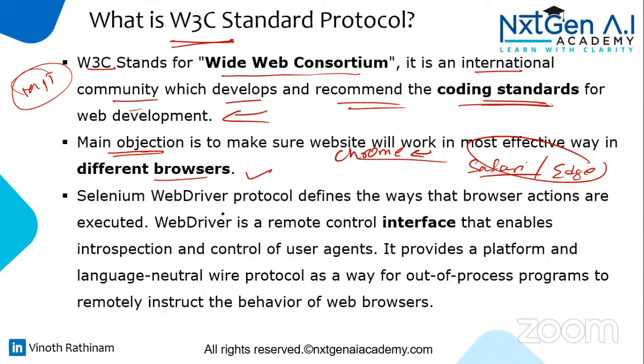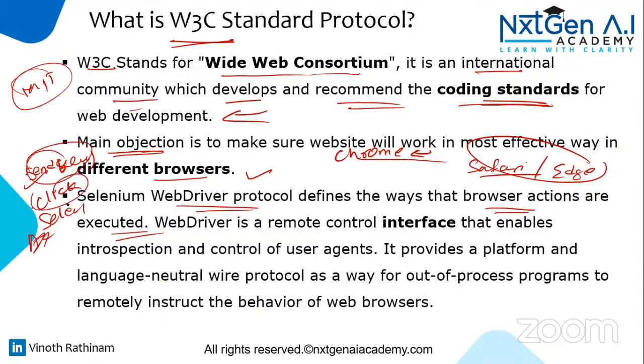Here, the Selenium WebDriver protocol defines the way that browser actions are executed. For example, if you want to enter a value, use sendKeys, for click, use click, then Actions, then what else? We have seen a lot of things, right? Select.